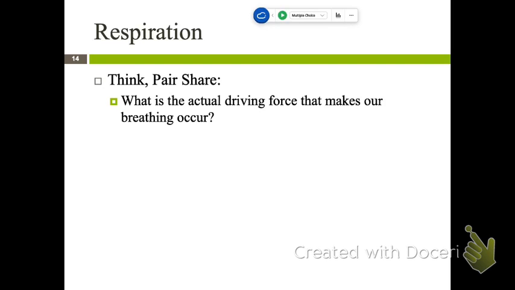Andrew? I said the physical change in volume of our lungs. Why is that the driving force for air going in or out of our lungs? Pressure. Oh, sorry, I meant like I'm putting pressure on you, but yeah, actually pressure.